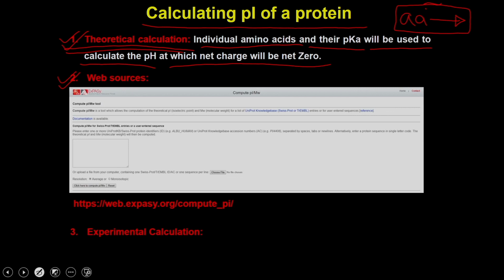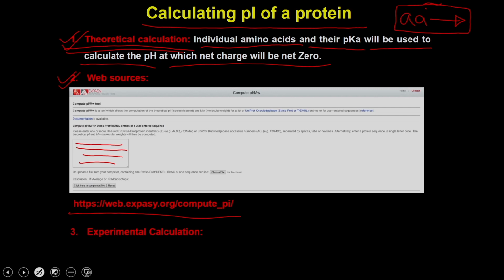For example, I have given you a link so that you can go and put in some amino acid sequences and know what the isoelectric point of that particular protein will be. Once you go to this link, you just copy and paste your amino acid sequence into this box, and then you ask the web source to calculate the pI value.